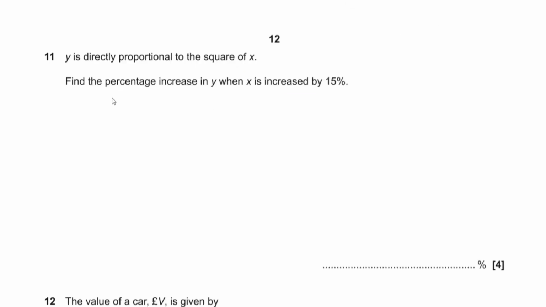Question number 11. Y is directly proportional to the square of x. Find the percentage increase in y when x is increased by 15%. So, we know that y is directly proportional to the square of x, meaning y equals k x squared.